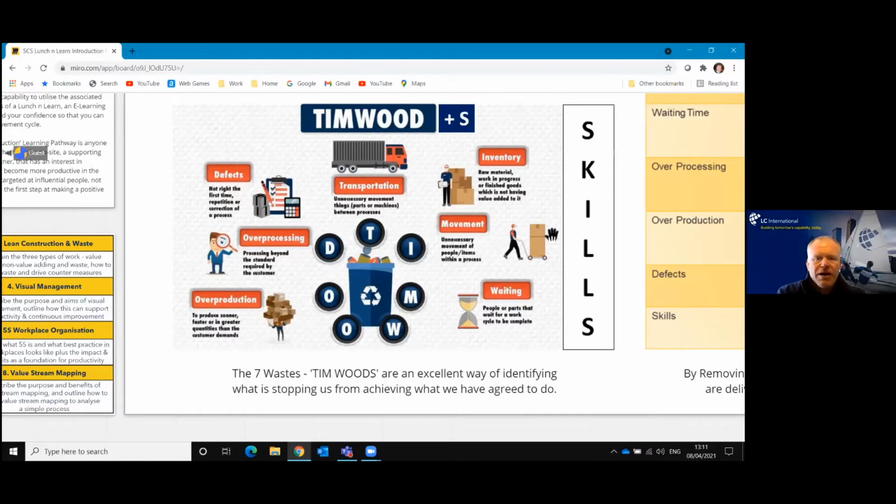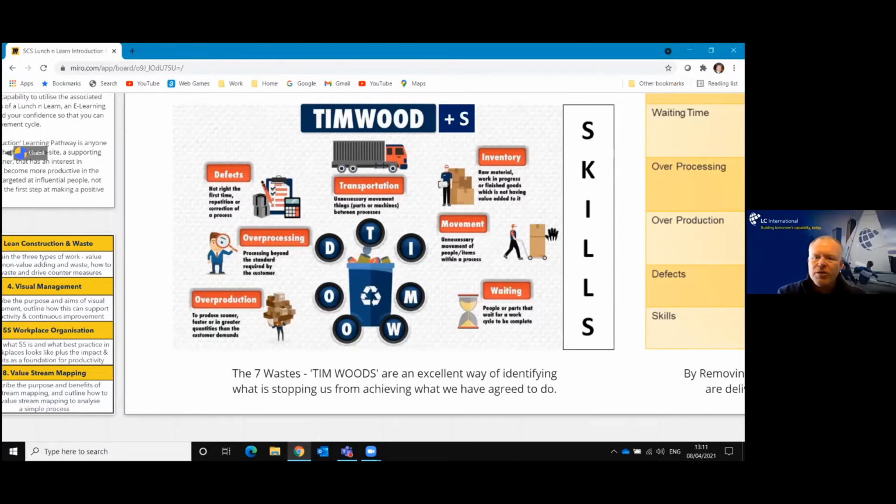So we've got to think about, as we do our go, look, see, where are we seeing some of these wastes? Now, lean thinking is all about waste removal. It isn't about time and motion, about making people work quicker. It's about removing things that shouldn't be causing a problem. And that's our main focus on lean.